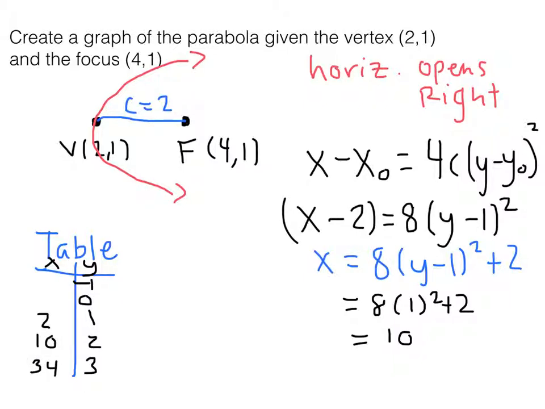When I plug in 0, I'm going to get 10 again. And when I plug in negative 1, I'm going to get 34. So again, this time I decided to start with the y values because it was just so much easier to plug in. The choice is up to you which one you want to do, and I highly suggest that you solve for whatever variable is not squared.